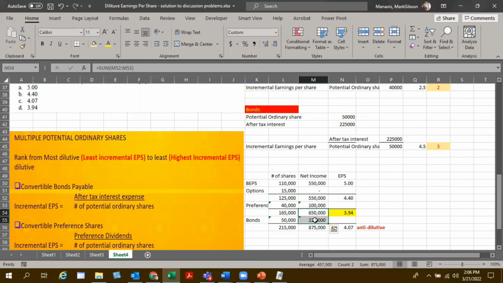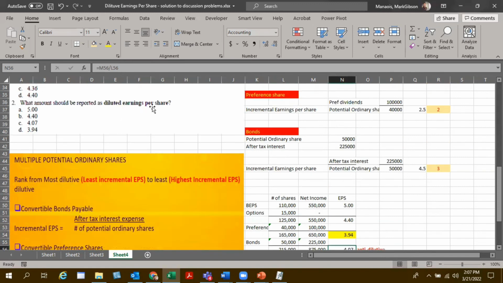Itong dalawa, 650,000 plus 225,000. So get the EPS. So that's 875,000 over 215,000. Pero pansinin, from 3.94, tumaas siya sa 4.07. So this is anti-dilutive. So therefore, the answer to question number 2, how much is the diluted earnings per share, would be 3.94.